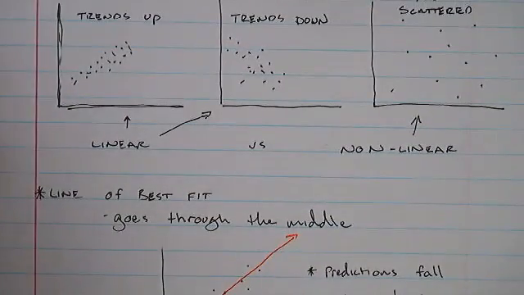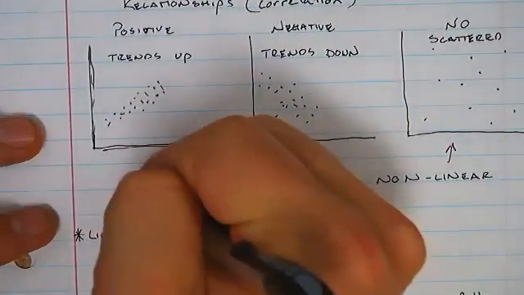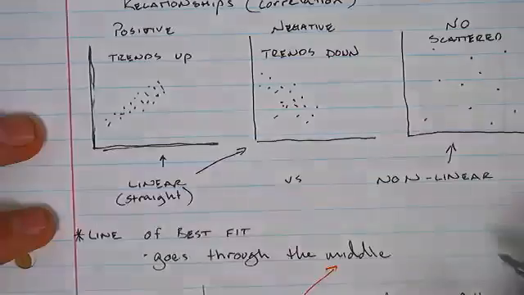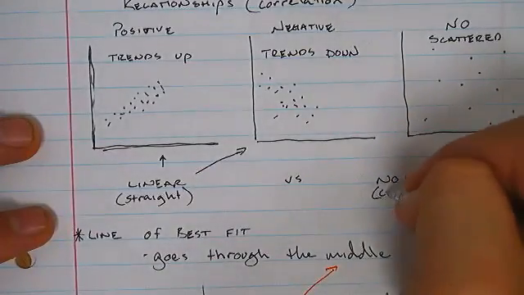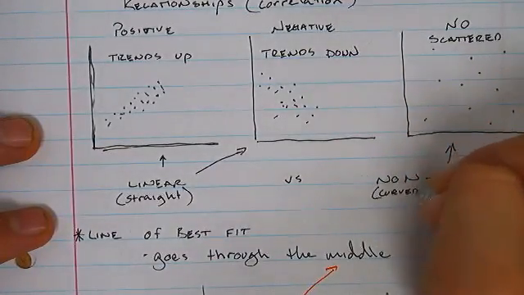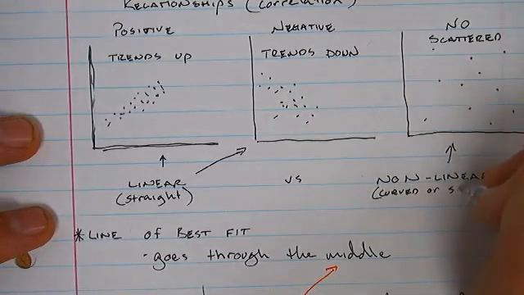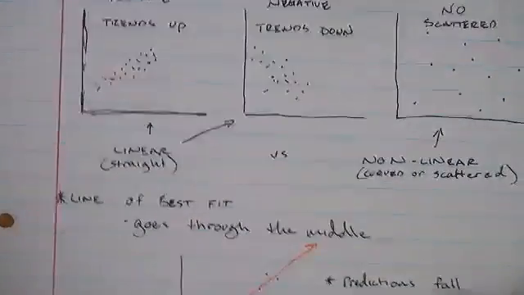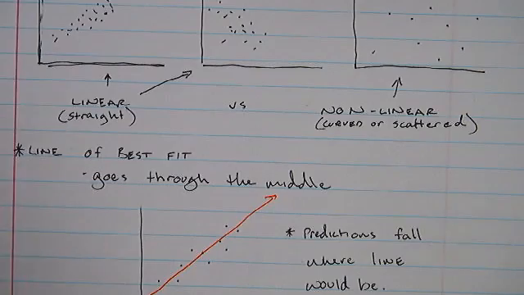Linear is just the dots in a somewhat straight pattern. So remember that needs to be a straight pattern, not curved. So this one is curved or scattered. That could be considered nonlinear.